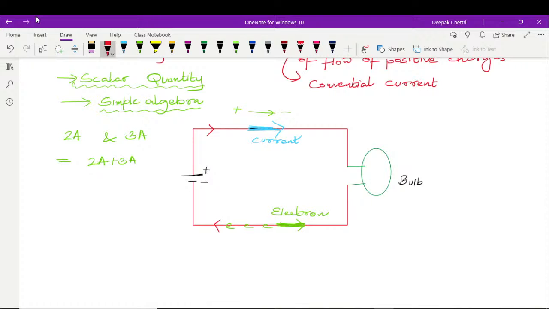Okay, so always when we draw a battery and circuit, we have to show the direction of current, and that direction will always be fixed. It will be from positive to negative. We don't have to show the direction of electrons. Electron is just for the explanation, but we mostly don't have to show the direction of electron in a circuit. But current we have to show. Is it clear? Yes or no?